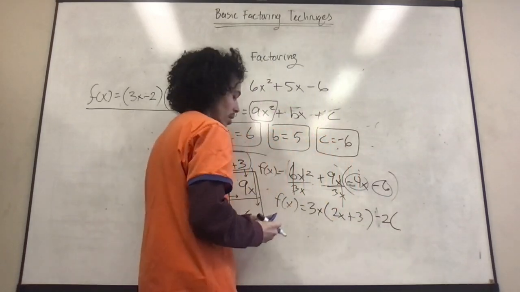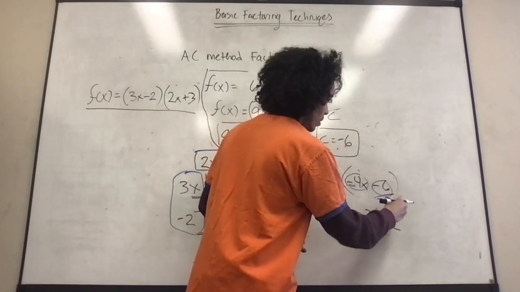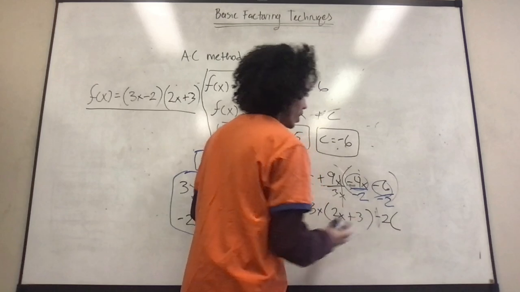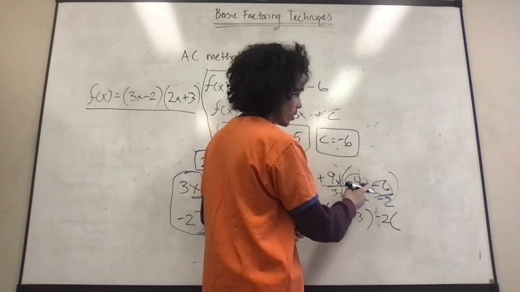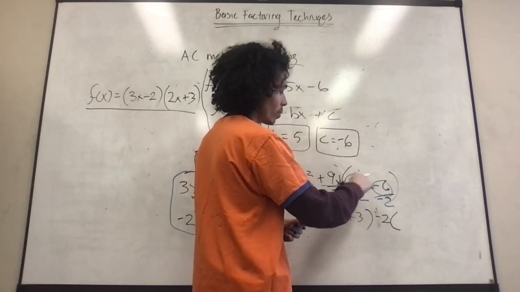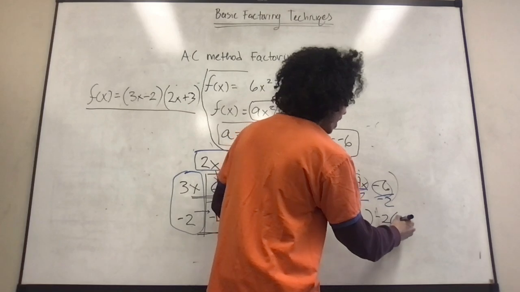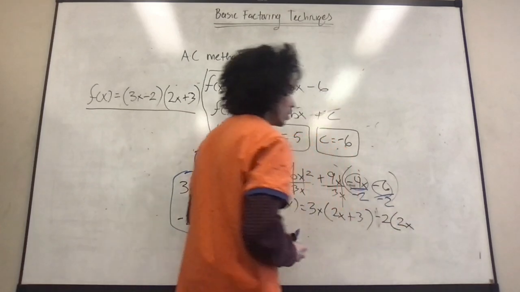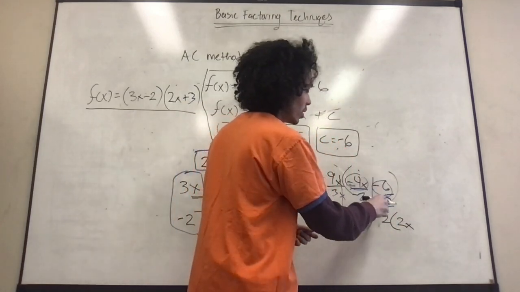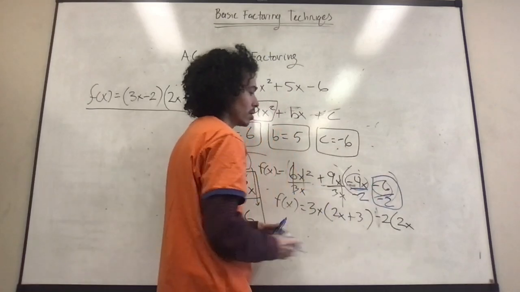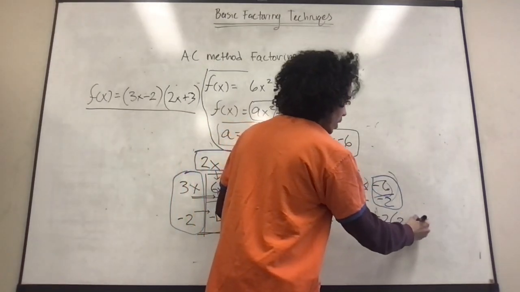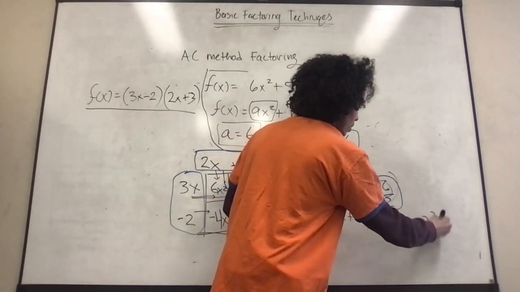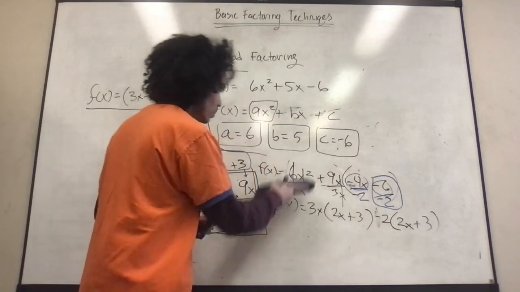And what happens when you divide negative 4x over negative 2? Well, you get positive 2x. And then what happens when you divide negative 6 over negative 2? You get positive 3, okay?